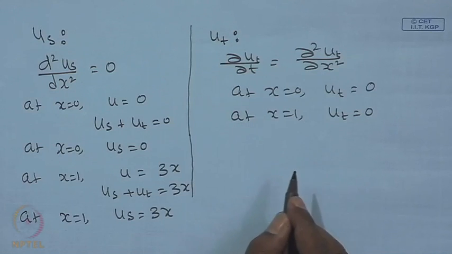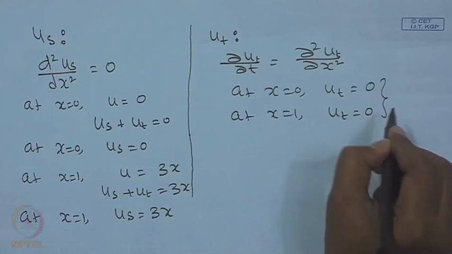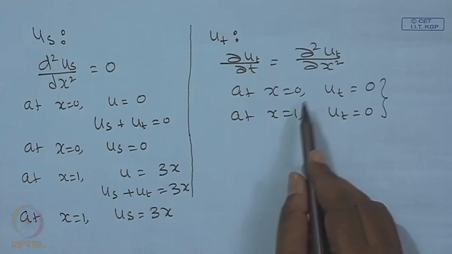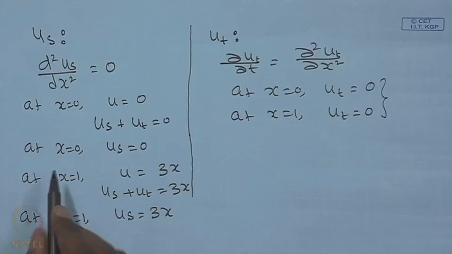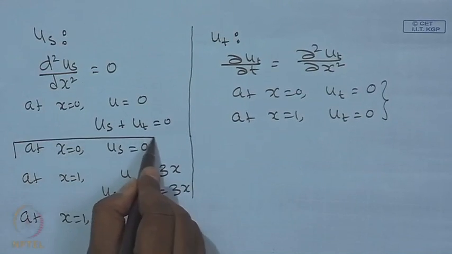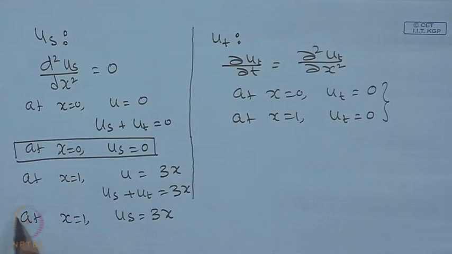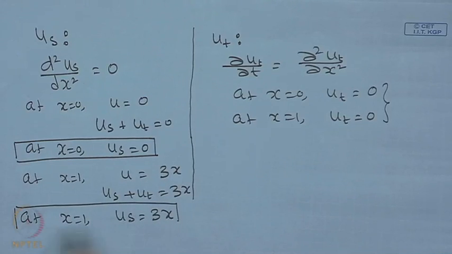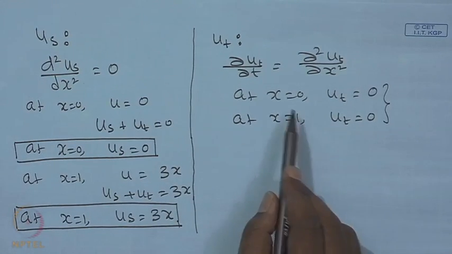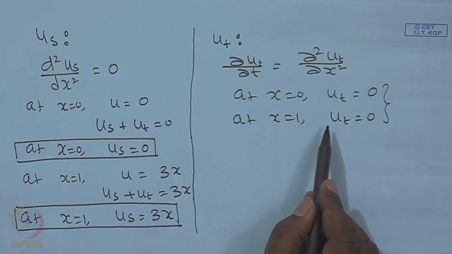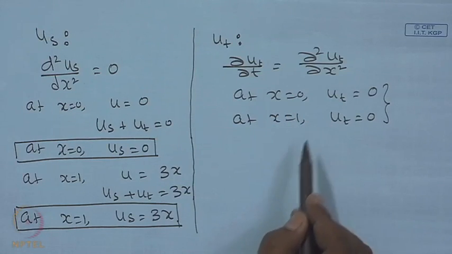So, in this process we made the boundary conditions of u_t homogeneous. So, this is the first boundary condition on u_s, and this is the second boundary condition on u_s, and in case of u_t we have fixed up the boundary conditions and they turned out to be homogeneous in this case.